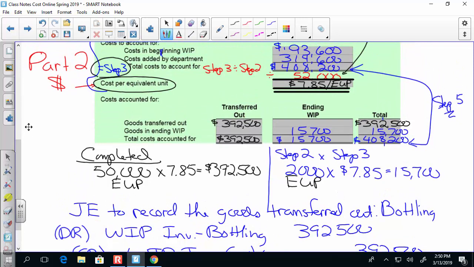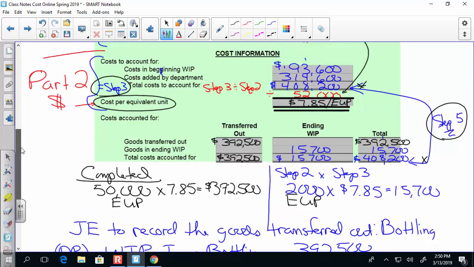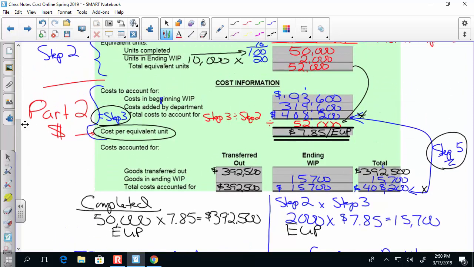And that reconciliation process, we're going to compare the totals right here with this total up here. That is our reconciliation process. So again, just quickly going through those processes and steps so you get a feel as to how the flow works in a weighted average problem.